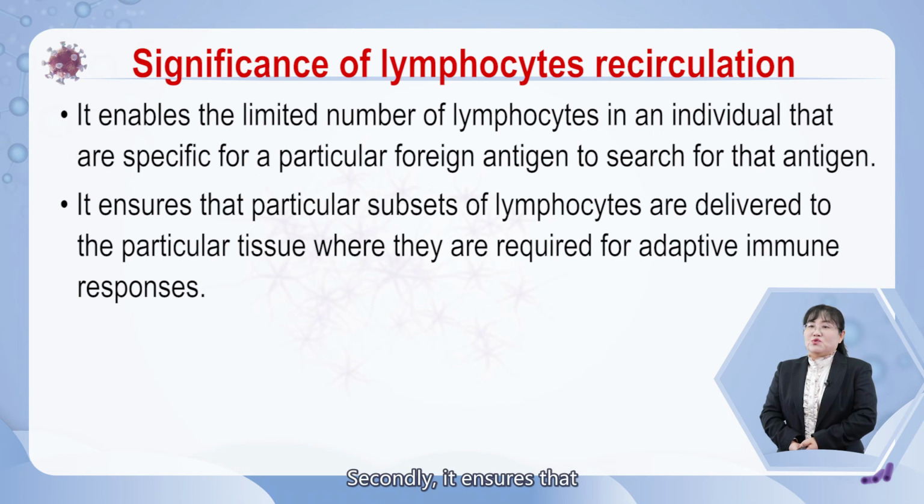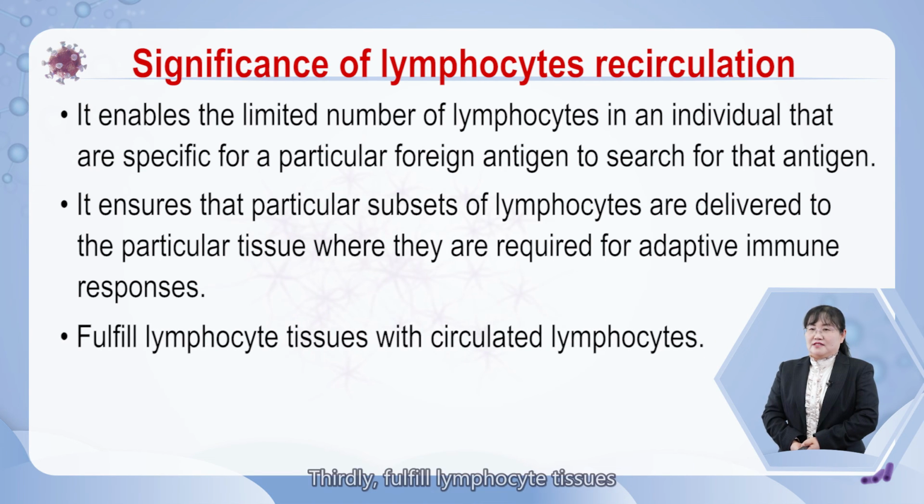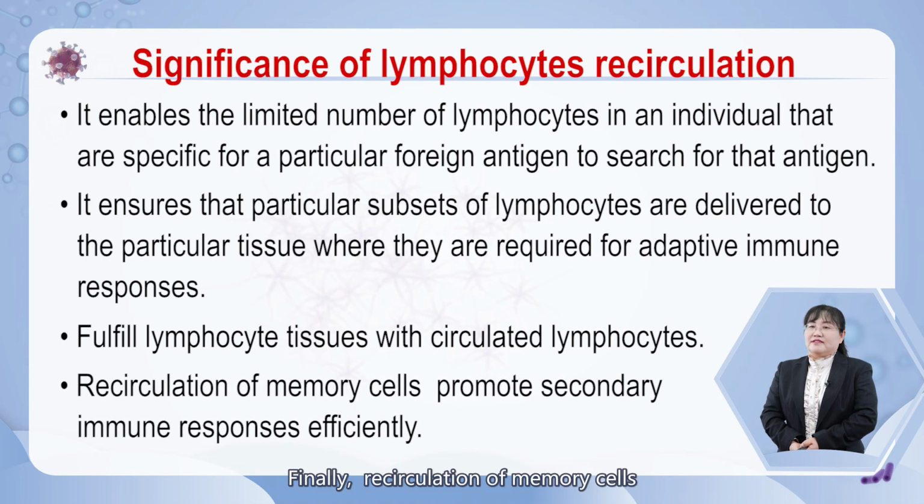Secondly, it ensures that particular subsets of lymphocytes are delivered to the particular tissue where they are required for adaptive immune response. Thirdly, it fills lymphoid tissues with circulating lymphocytes. Finally, recirculation of memory cells promotes secondary immune responses efficiently.